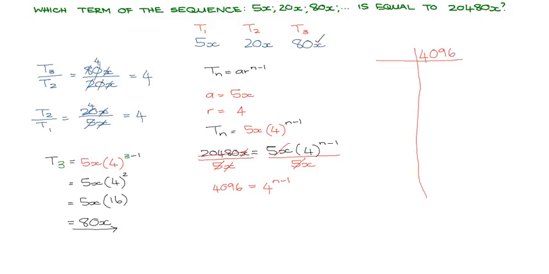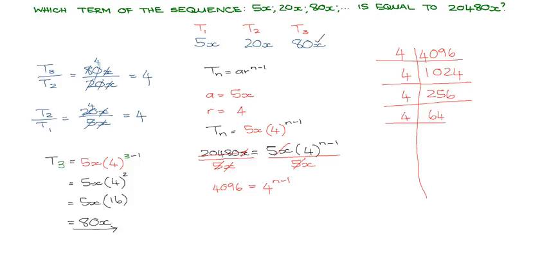We're going to say 4,096 divided by 4 becomes 1,024. Now we're going to divide that by 4, and that's going to turn into 256. Dividing again by 4, and the reason we keep on dividing by 4 is because we want our base number to be 4. So 256 divided by 4 is going to give us 64.